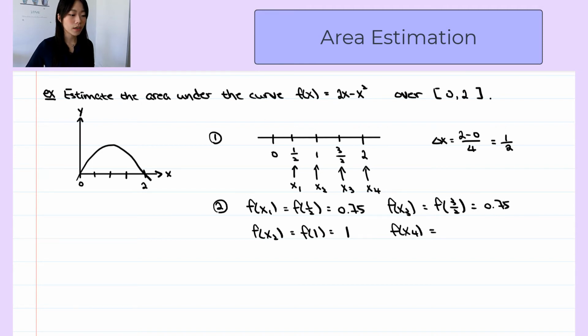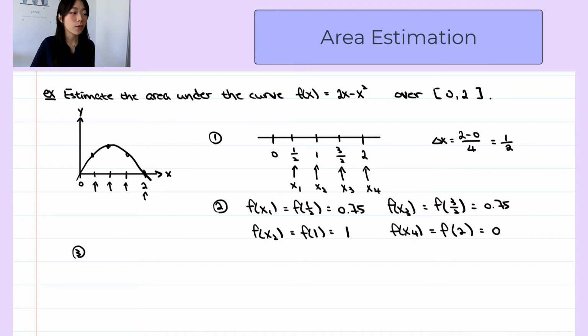And for x4, we want to find the y value at 2, which equals 0. So we just found the y values at x1, x2, x3, and x4, which are 0.75, 1, 0.75, and 0.